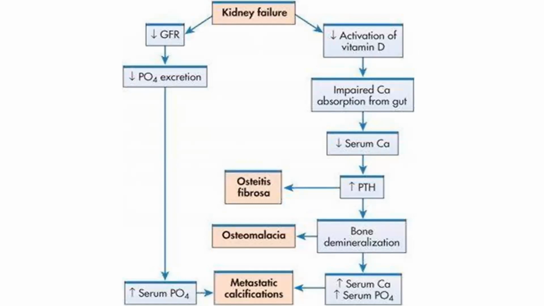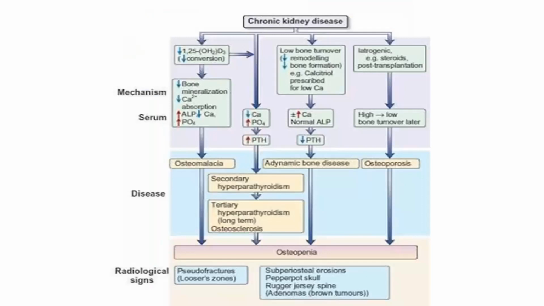This results in impaired absorption of calcium from the gut, decreased serum calcium level, and as a negative feedback mechanism, PTH is stimulated, resulting in osteitis fibrosa cystica, bone demineralization because of raised PTH, resulting in osteomalacia, and ultimately metabolic bone disease. Again, the pathophysiology of renal osteodystrophy, this you can study and discuss in detail.